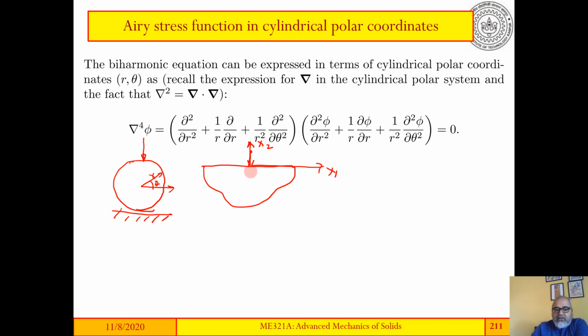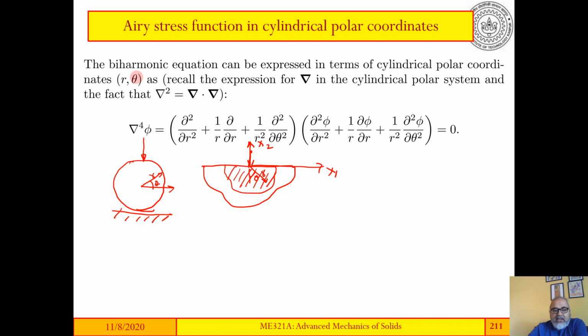So sometimes it is useful to find the stress state in the region close to the load, in which case this may be your r and this may be your theta, and in this coordinate system it is easier to visualize the stress or even calculate the stress.